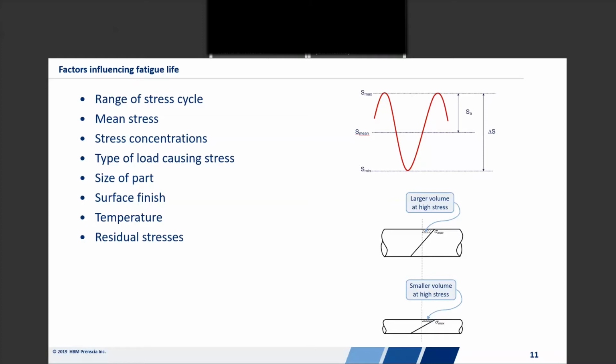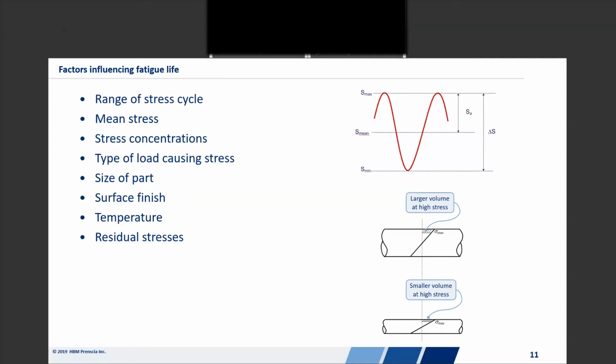If I move from loading in bending to tension, instead of having just high stress at the top and bottom of my shaft, I have the same stress across the entire shaft. There's more volume to initiate a spot. Again, size of part: if I have a large part, there are more places to possibly have highly stressed grains that have a preferred weak direction to grow the crack.